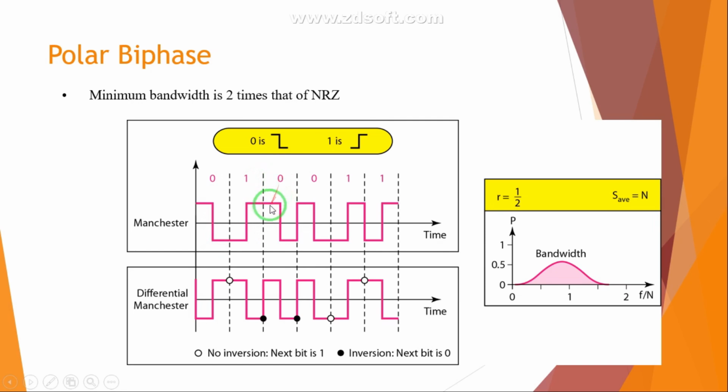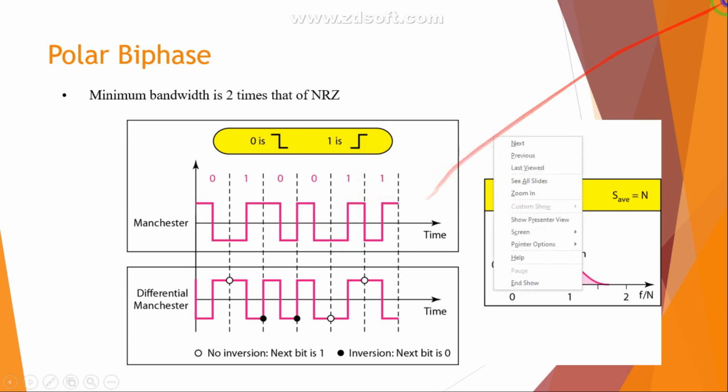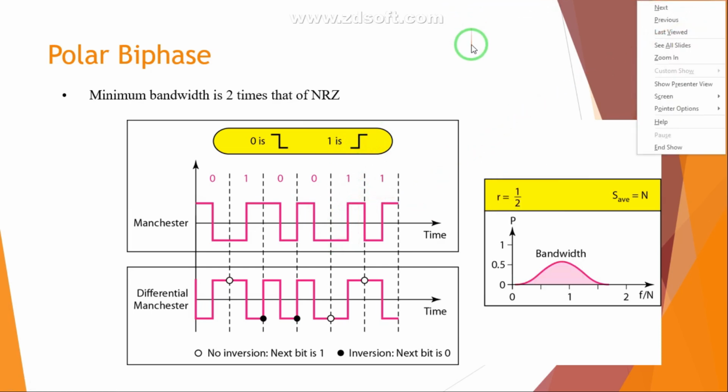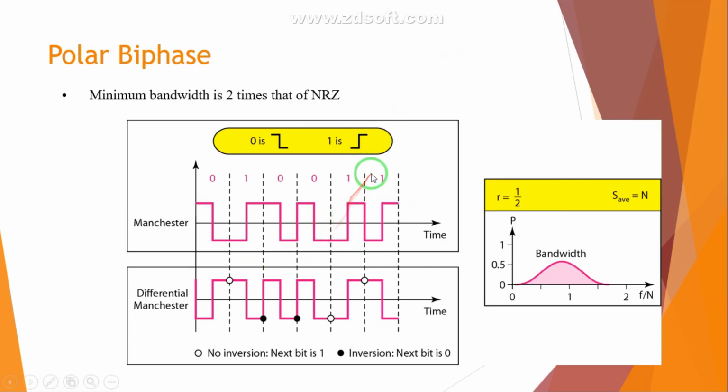The next bit is 0, so it is going to make a transition from positive to negative. Again the bit is 0, so as we told, 0 is represented by a transition from positive to negative, but 1 is represented by a transition from negative to positive. Similarly, it is bit 1, negative to positive. So hope you understood this Manchester coding.